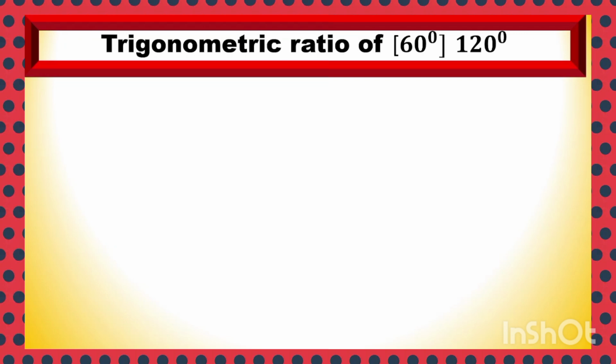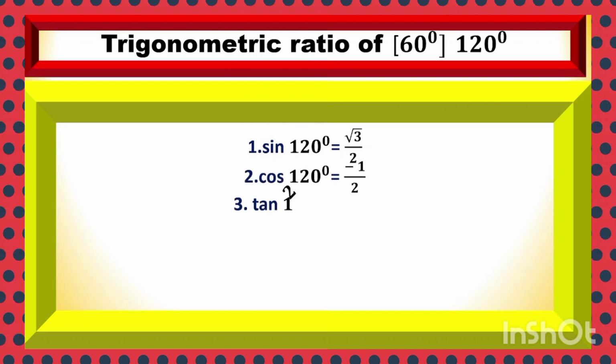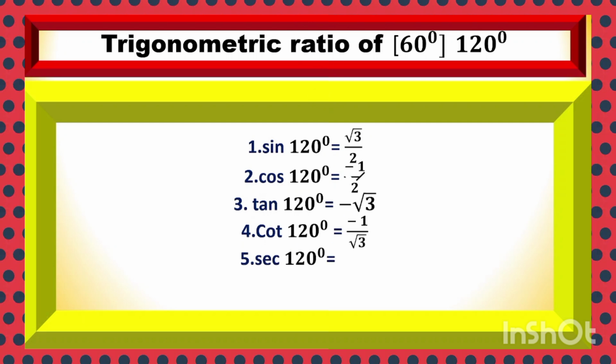Trigonometric ratio of angle 120 degree, which has a similar relation with angle 60 degree. Sin 120 root 3 by 2, cos 120 minus 1 by 2, tan 120 minus root 3, cot 120 minus 1 by root 3, sec 120 minus 2, cosec 120 2 by root 3.